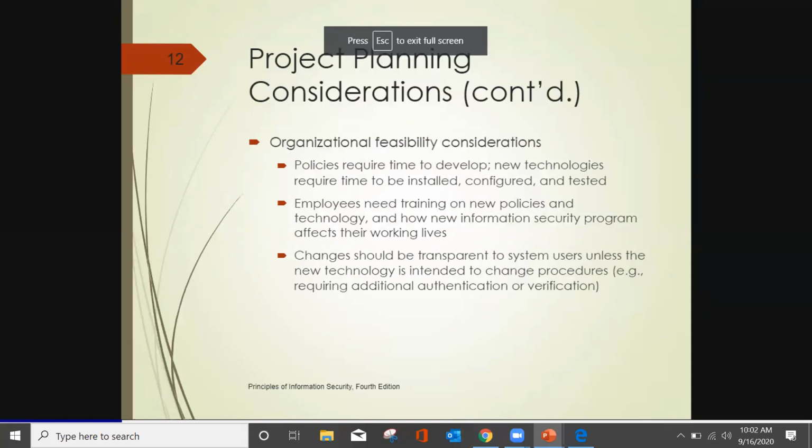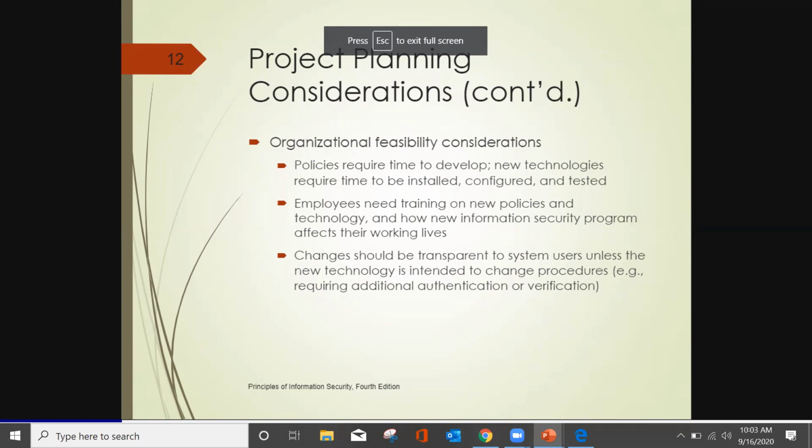Then organizational feasibility, sometimes policies. When you design a policy, it will take some time to develop, and new technologies, once they are installed, need to be configured and tested. Before the implementation, for everything to run smoothly, you need to check whether this is something that is feasible for my organization.